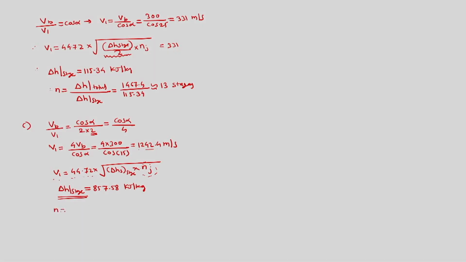So the number of stages is equal to delta H total divided by delta H stage.